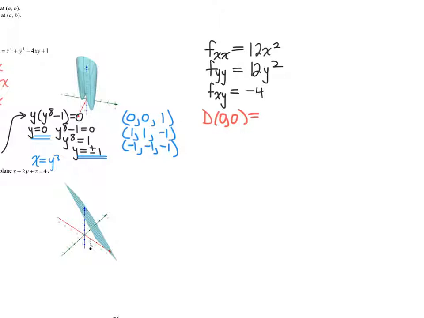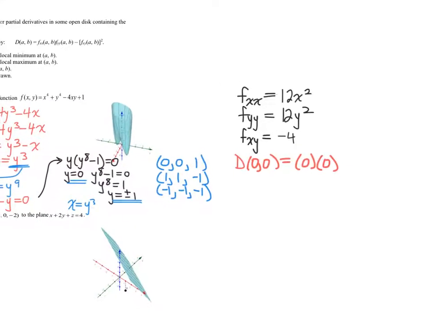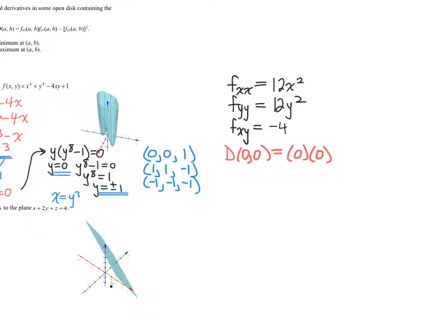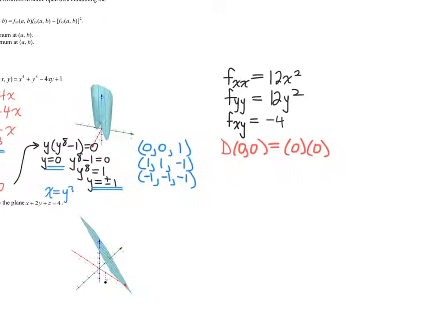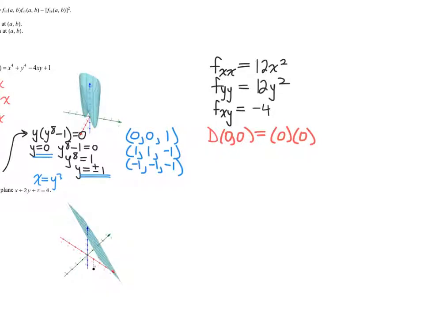So plugging this in for x and y as applicable. All right. So 0 times 0, just trying to be able to point to the formula.